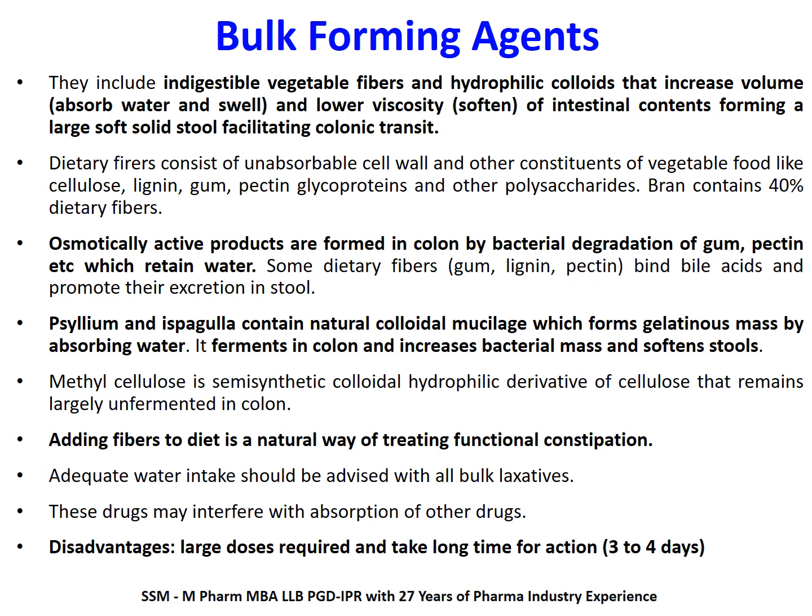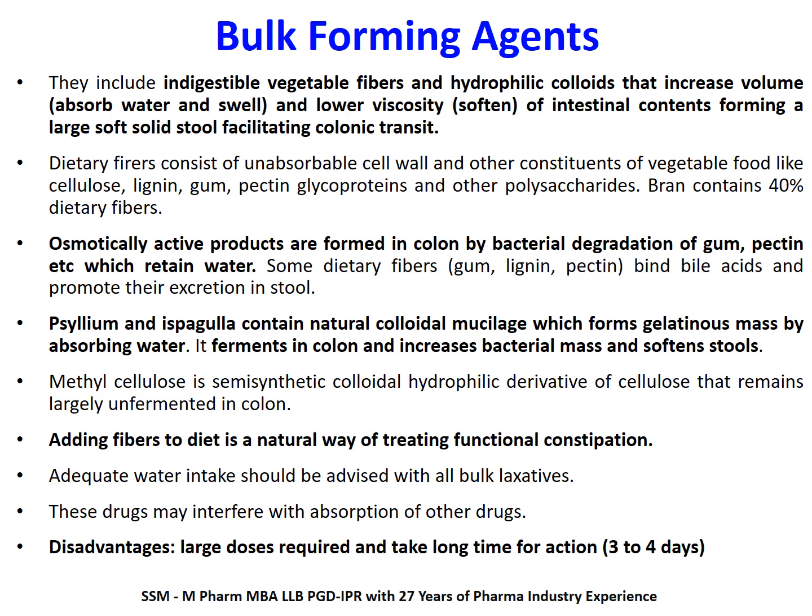Osmotically active products are formed in the colon by bacterial degradation of gum, pectin, etc., which retain water. Some dietary fibers like gum, lignin, and pectin bind bile acids and promote their excretion in the stool.